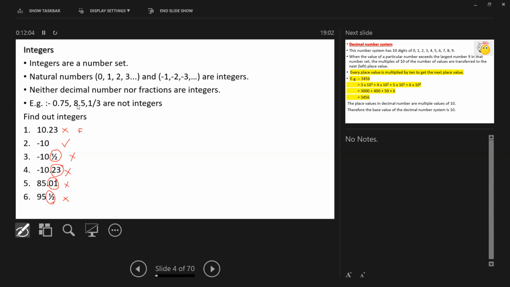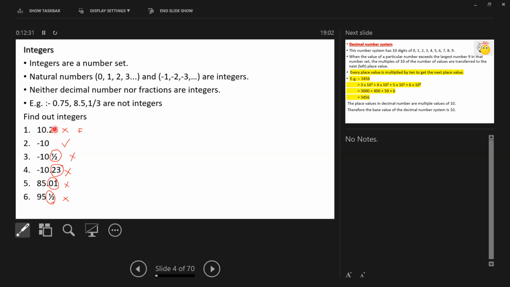Now just look at this: 0.75, 8.5, then half are not integers. Why? Because of the 0.5, fractions are there. So the decimal part and the fraction part are available. Therefore, we are not going to call those integers. Now the given examples: how about this one?